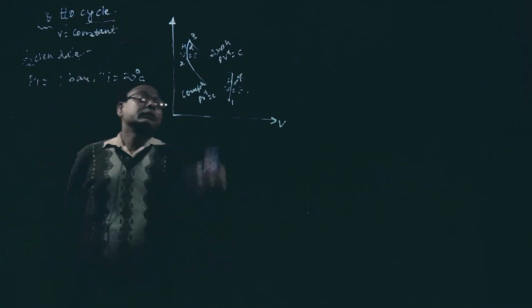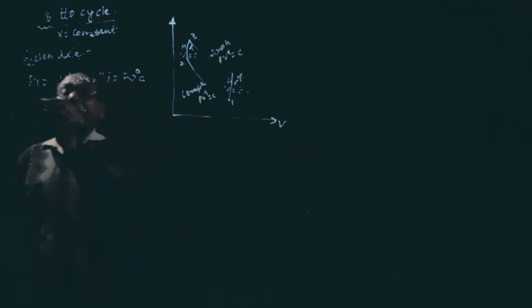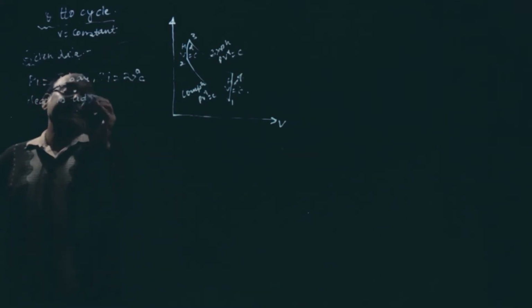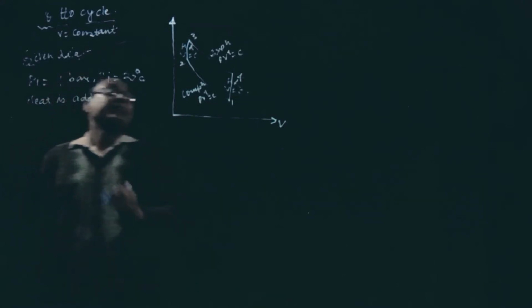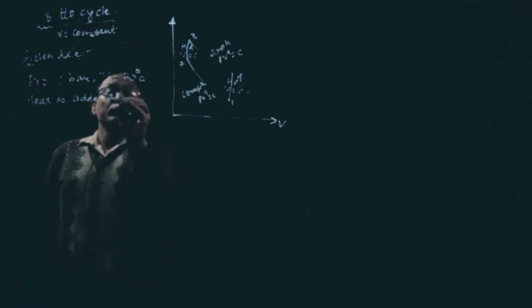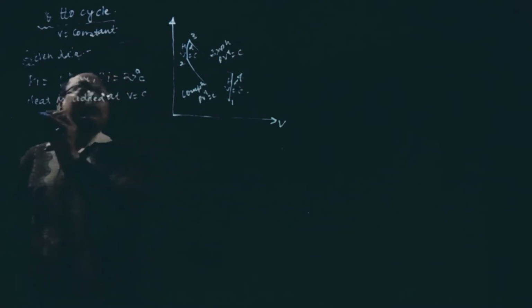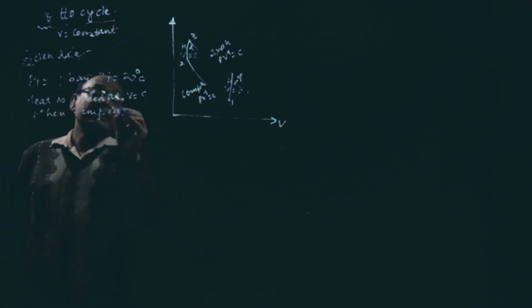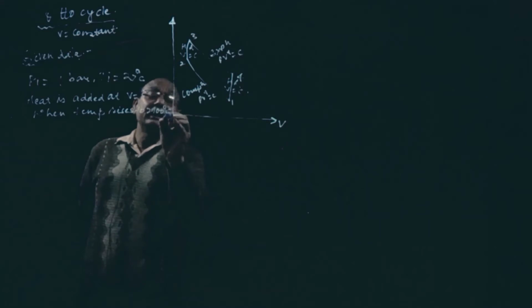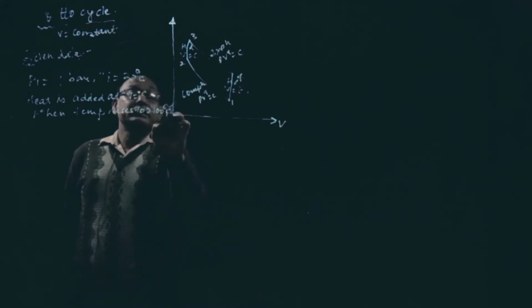Now, heat is added at constant volume when temperature rises to 2100 degrees centigrade. Okay, 2100 Kelvin actually, not centigrade.